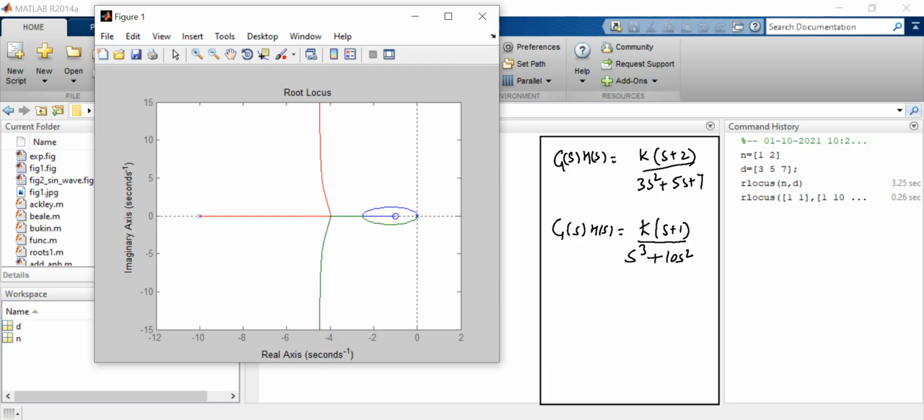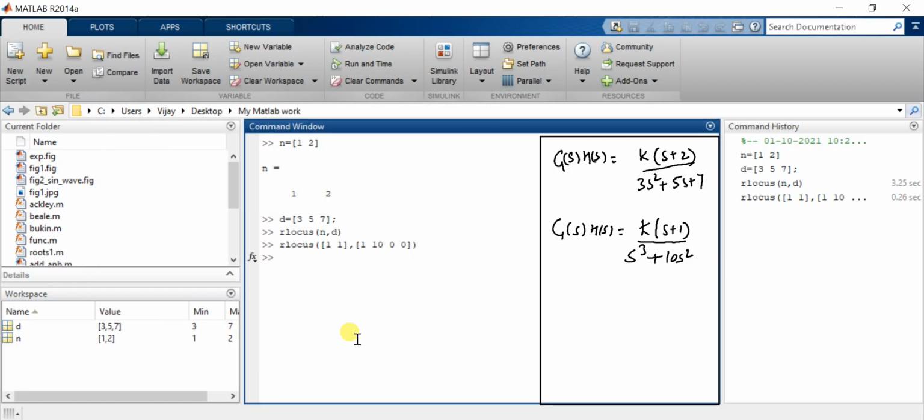I hope how to draw the root locus of a particular transfer function is clear to you. Let's try to use rlocus where you can get the value of k and r, where r is the location of the roots and k is the gain. You have to specify r, k equal to rlocus of n and d. So change this statement by simply putting r and k equal to this rlocus.